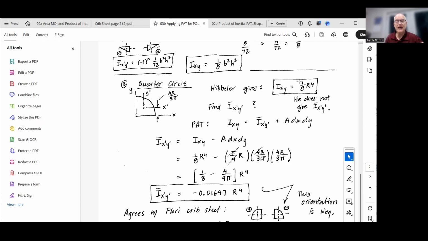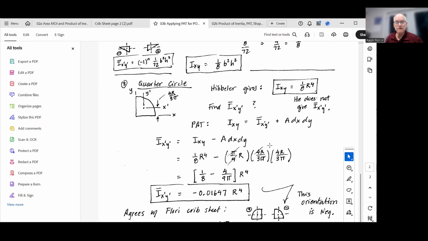The IXY he gave is 1/8 r to the fourth, and then minus the area of a quarter circle, which is pi r squared divided by 4. And the dx is 4r over 3 pi, and the dy is 4r over 3 pi.